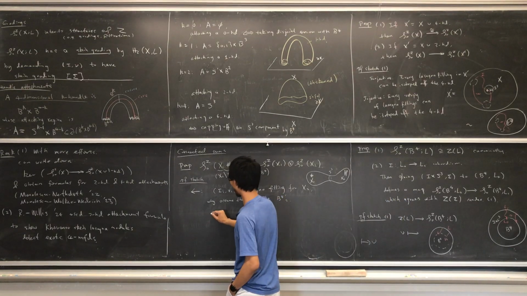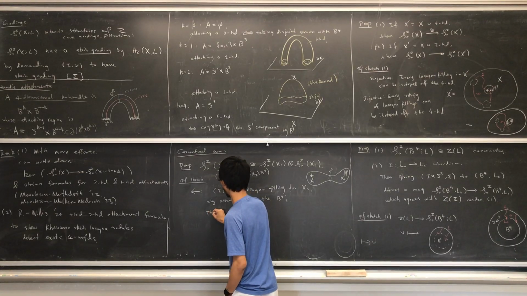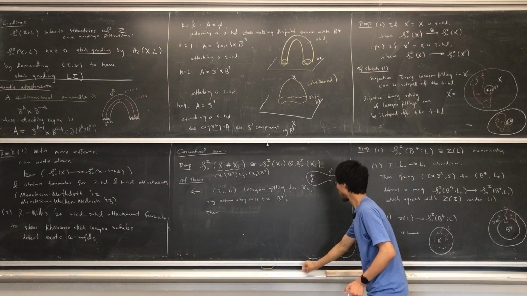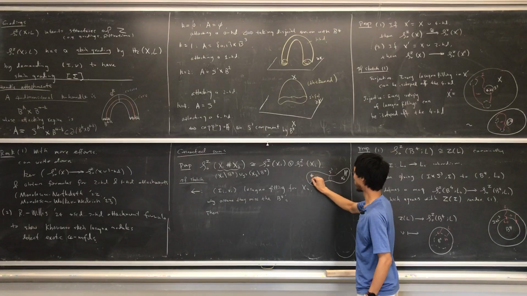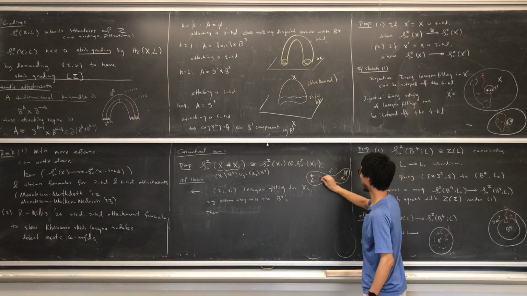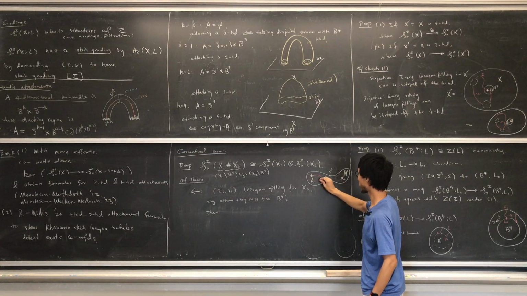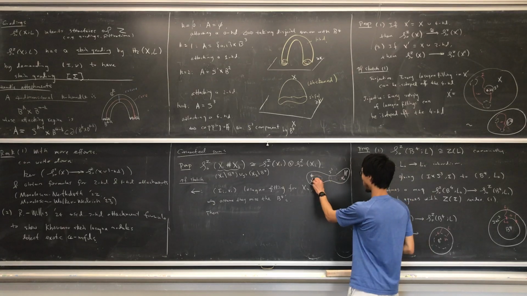And then that means those lasagna fillings will actually live inside the connected sum of X1 and X2.